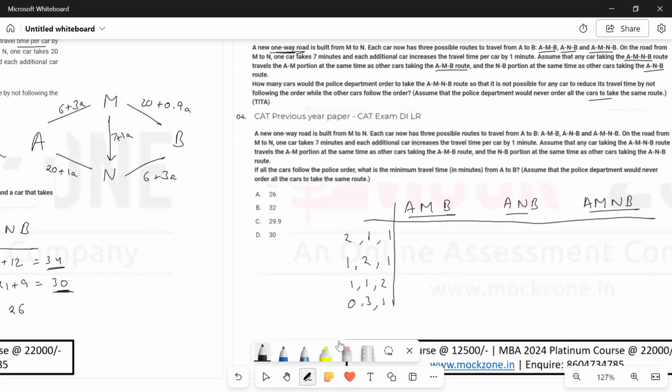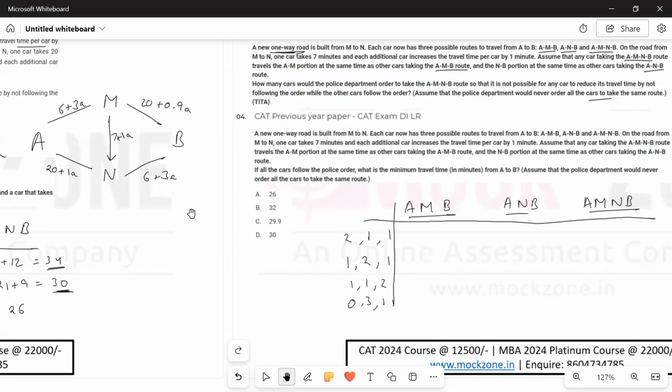But we'll dwell on these options later if we don't get our answer in the first three, because when we are adding three cars on a single route, because of this multiplication factor 3A, 1A, and so on, the time will only increase. It won't decrease. And it won't be the same for the other route.